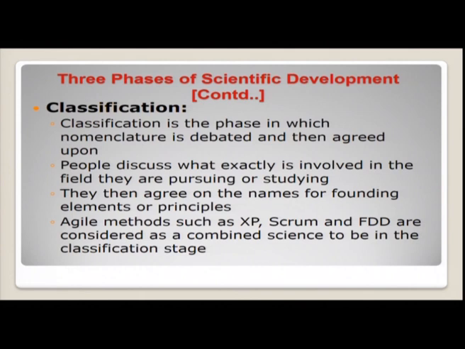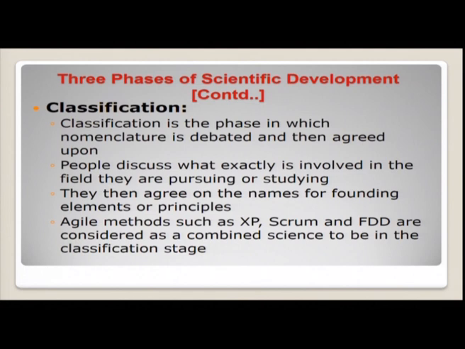Agile methods such as extreme programming, shortly called XP, Scrum framework, and feature driven development, again shortly called FDD, are considered a combined science to be in the classification stage. Why do they call it a combined science? Because the Scrum framework is customizable, it is tailor made.